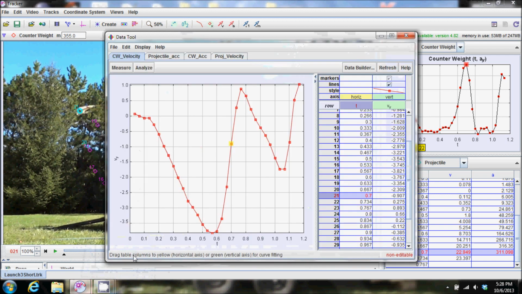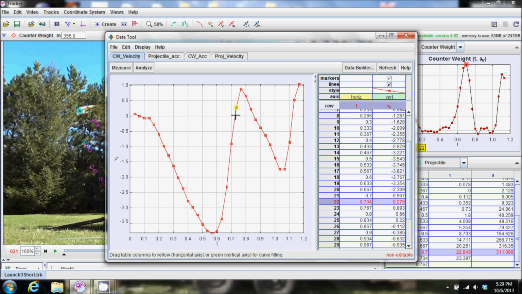So we could see in this graph, we're released here, we're falling, and we've got negative velocity, we're moving downward. Our velocity is still negative, and then in between these two data points here, we switch from negative to positive. So in between 0.7 seconds and 0.73 seconds, we have stalled out our counterweight.